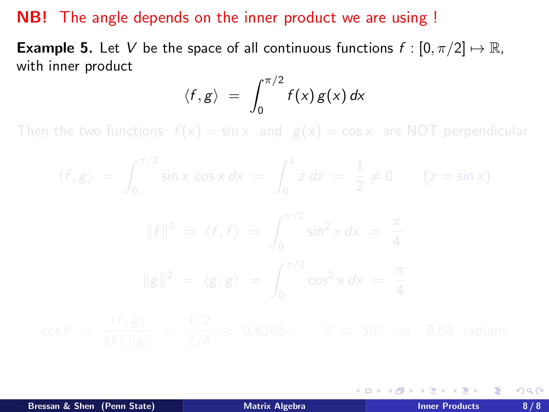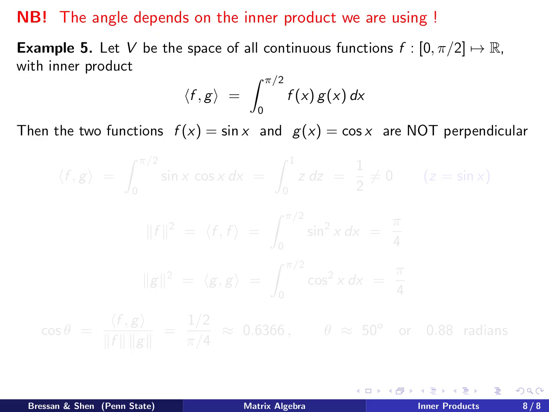Now we define the interval to be smaller. It's from 0 to pi over 2. And the inner product is the integral from 0 to pi over 2 of f times g. And then with this inner product, we see that the two functions, f being sine x and g being cosine x, are now actually not perpendicular.